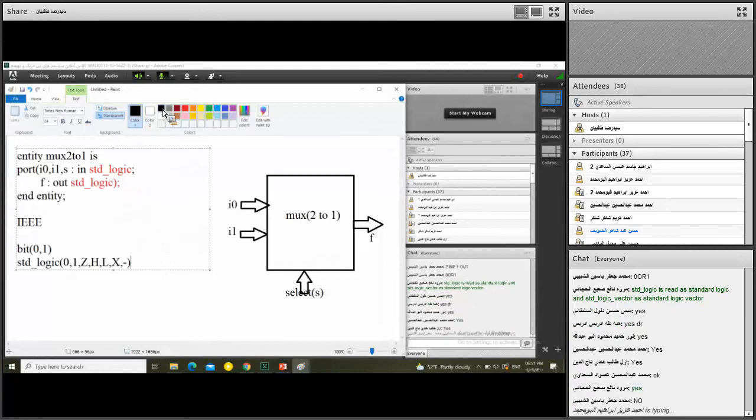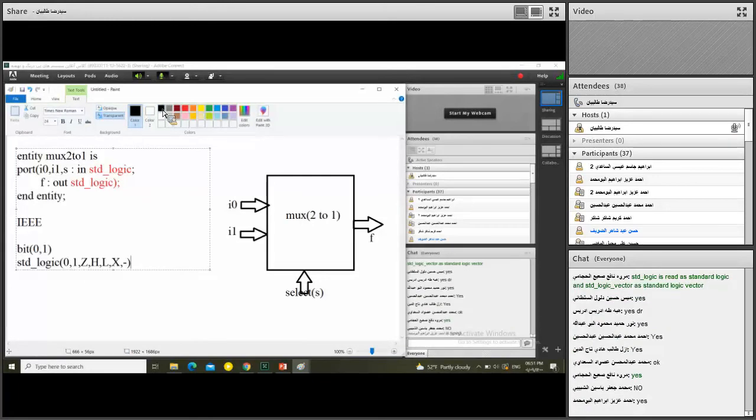Okay, one of the students says that I don't understand. Let me explain for you again. If you write bit or bit vector, it means that you only have two values or two conditions, 0 and 1. And it can be sufficient for you really.